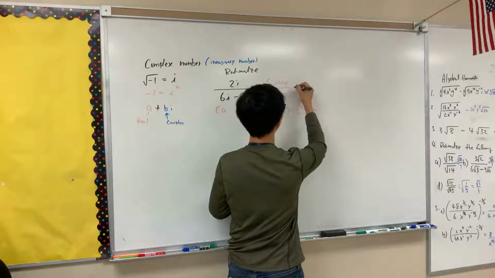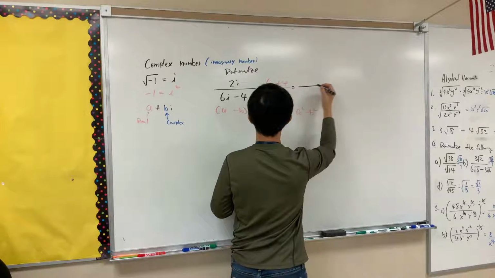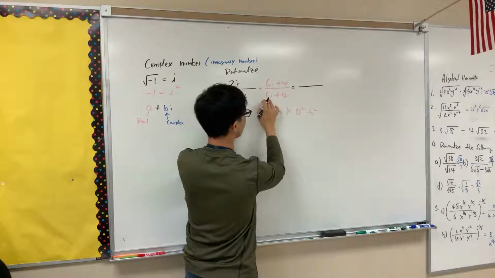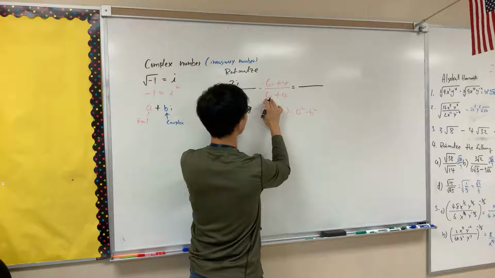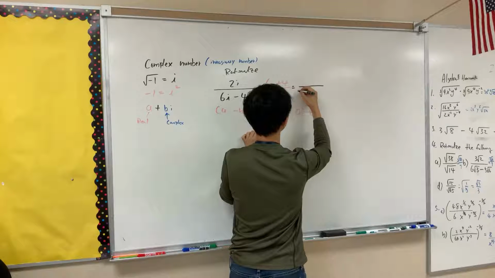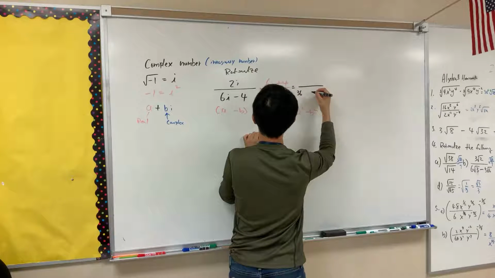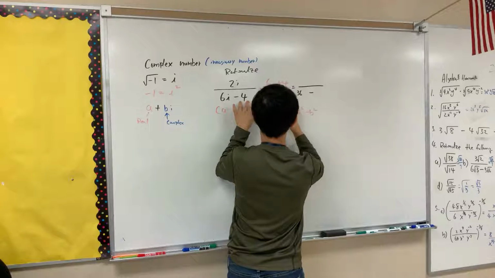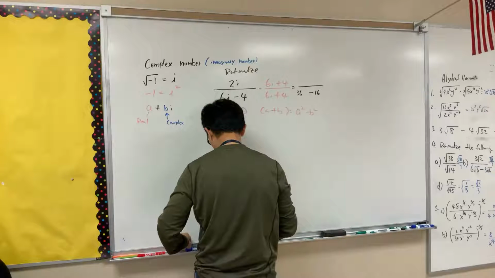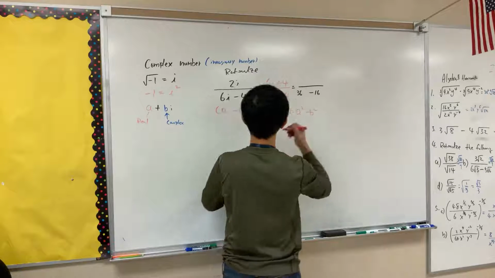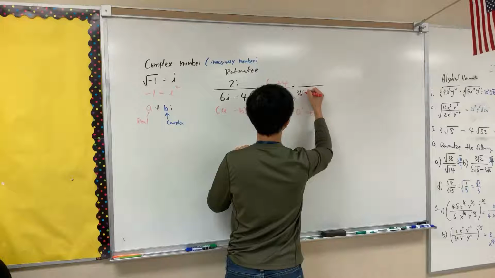Because if I have this, this is a, right? What is a squared? 36i squared, right? And the minus what? 4 times 4 is what? Negative 16. But the i I am going to write in red so that you can see it. That's going to be i squared.